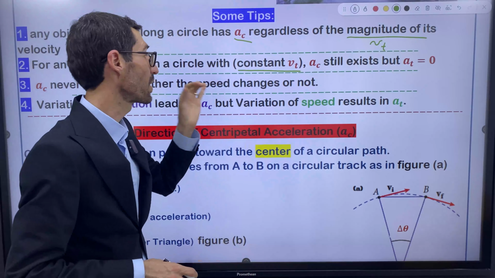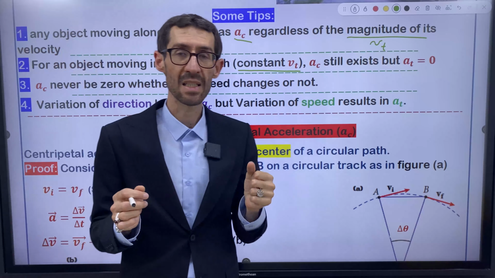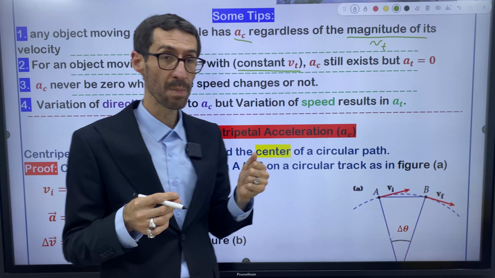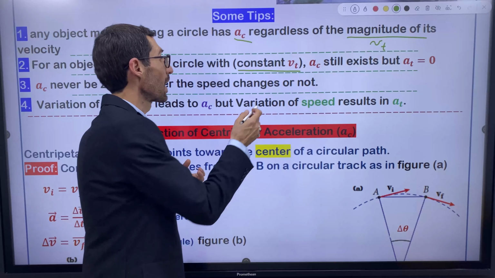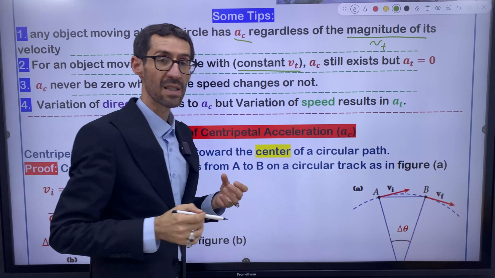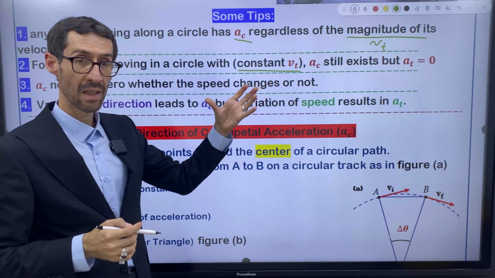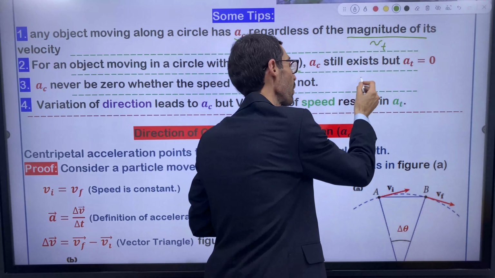So when the object moves at a constant speed, in this situation, because Vt is constant, whenever Vt is constant, AT becomes zero, because AT is equal to what? Look here.